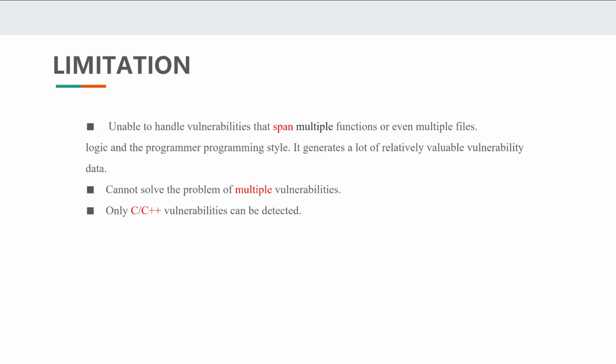Secondly, the model aims to solve the binary classification problem and can't solve the problem of multiple vulnerabilities. Third, the detector can only detect 3 vulnerabilities. We will try to migrate to other languages to meet more vulnerability detection requirements.